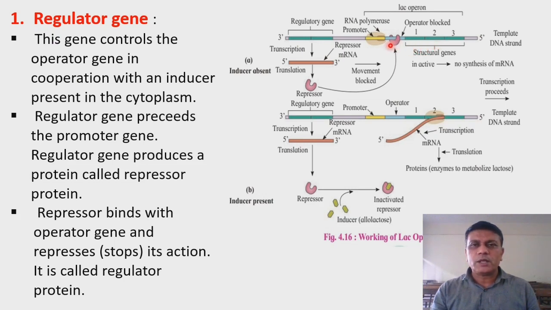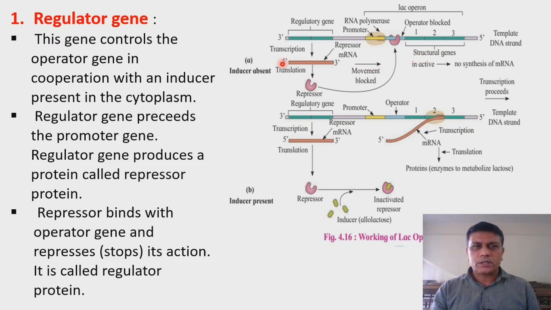That means when this repressor protein binds to the operator site, the RNA polymerase cannot move in the direction of the structural genes, and the polymerase is blocked. So the further transcription of the three structural genes Z, Y and A is stopped, and further production of the three enzymes is also stopped.